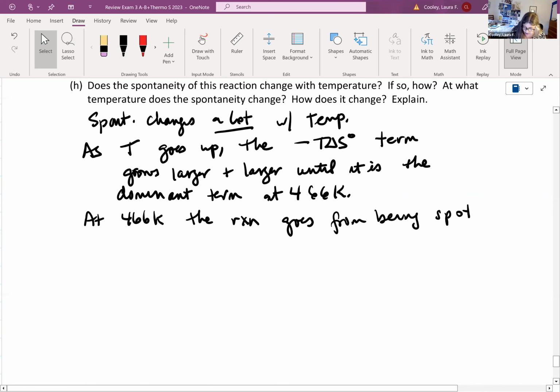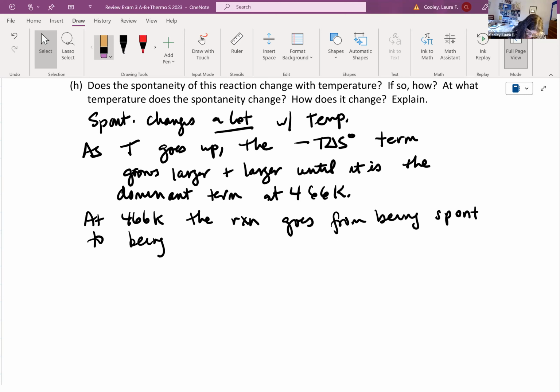So the reaction goes from being spontaneous to non-spontaneous.